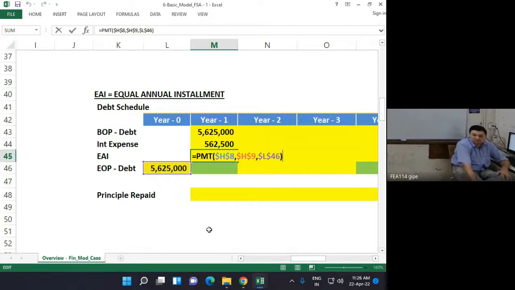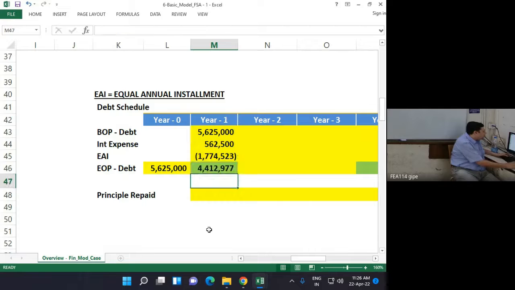Fix all three inputs, put dollar signs on all three.